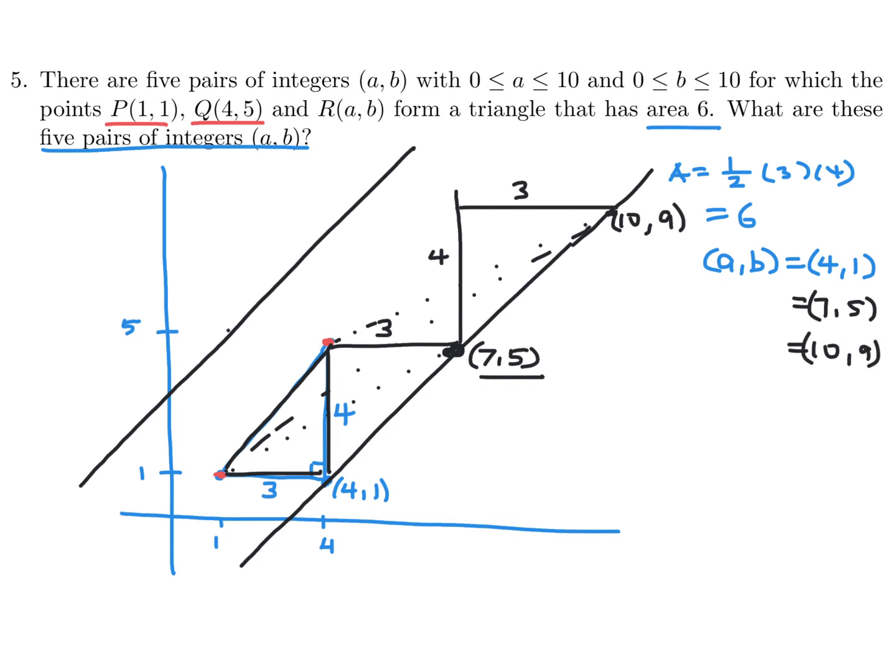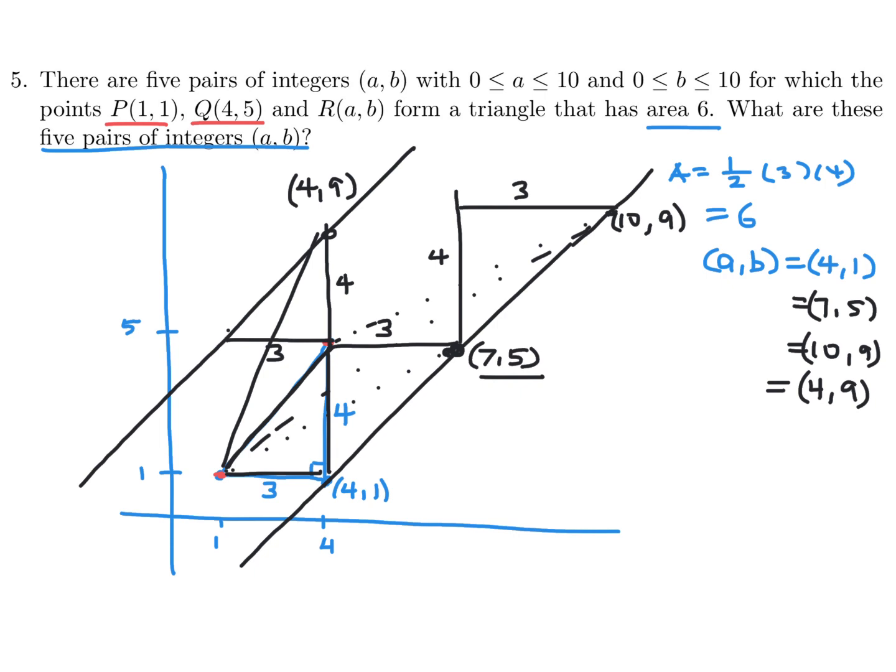And in a very similar way, if you go up 4 from here and go across 3 from there, like that, then you'd still be 4, but then that would be 9, and that would also create a triangle that has the same base and the same height. So that's 4, 9.